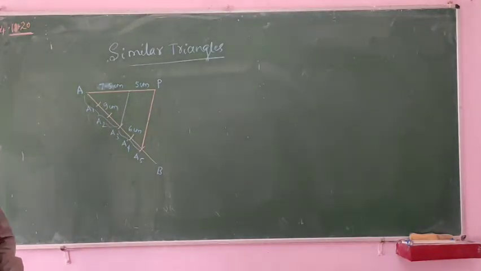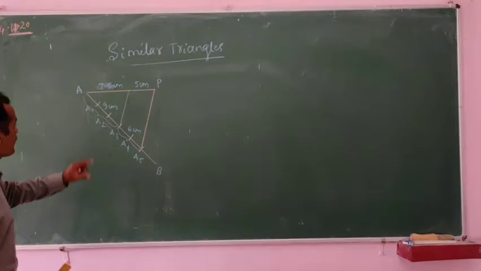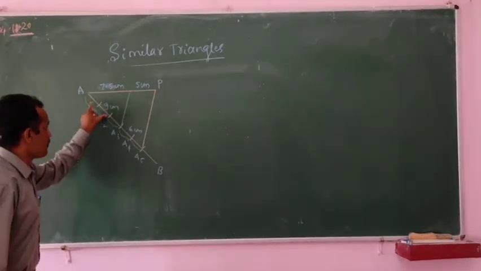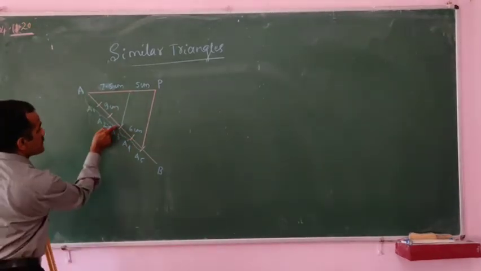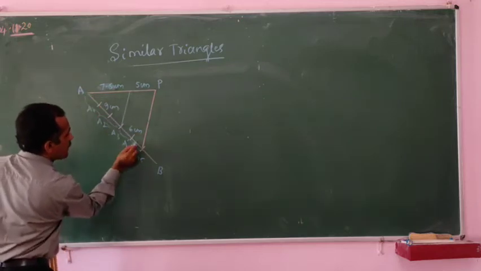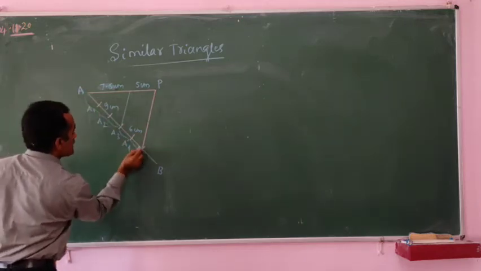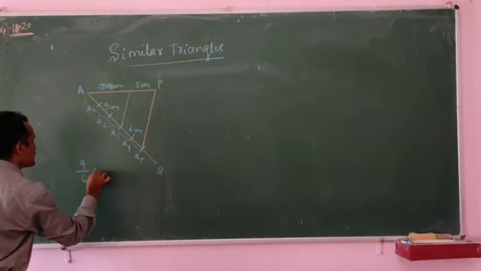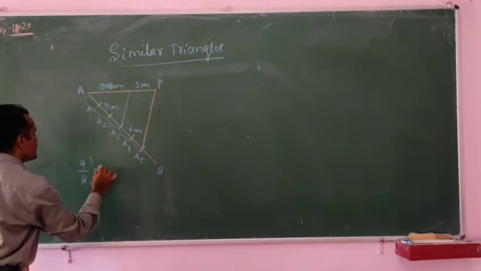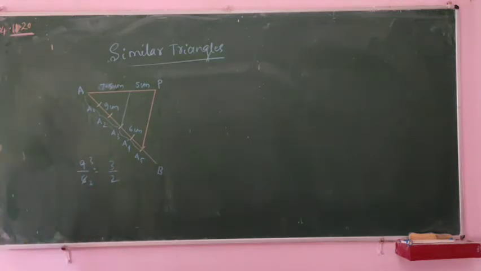So what we conclude from this activity is, if I divide these two parts, it is 9 by 6, answer is 3 by 2.